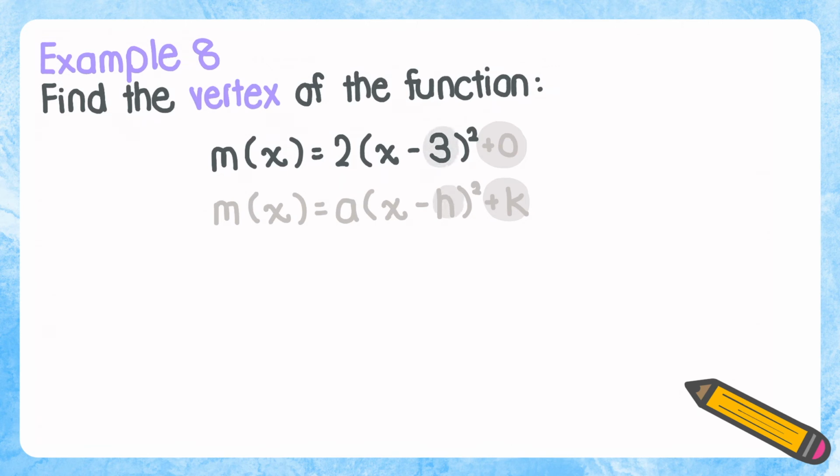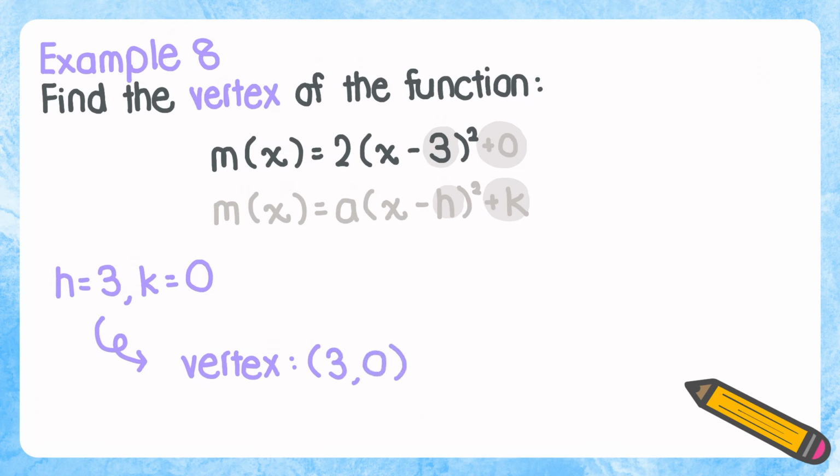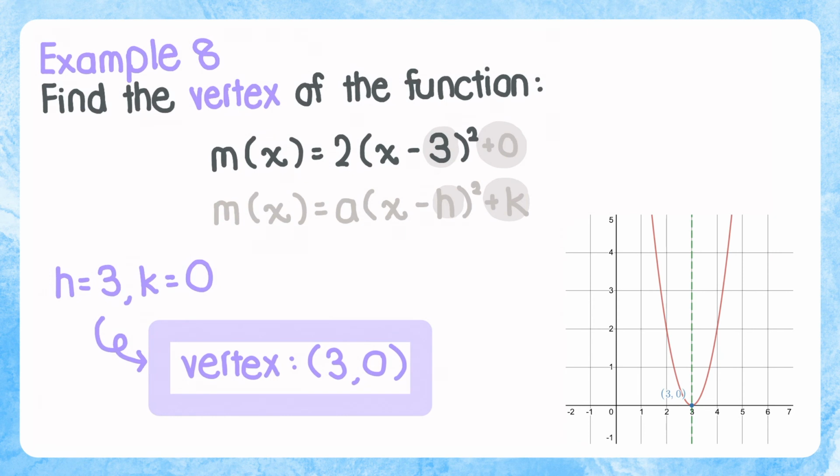Also, h is 3. So h equals 3 and k equals 0. What is our vertex? Our vertex is 3, 0. If you see an empty space, think of 0. And then checking our work on Desmos, we know we found our vertex correctly.